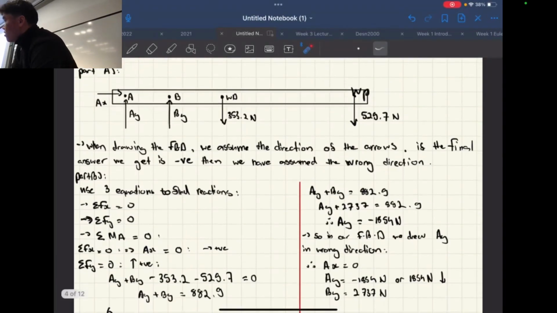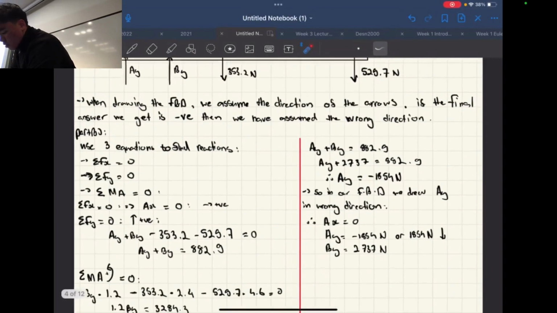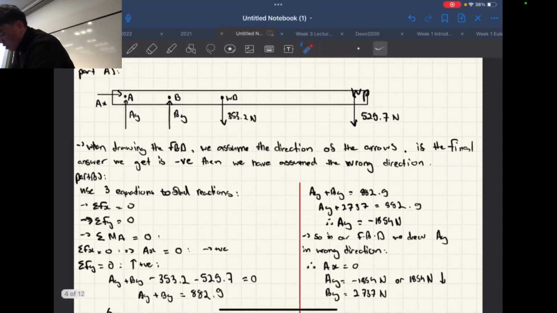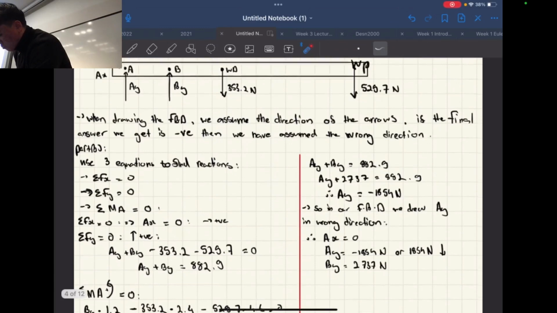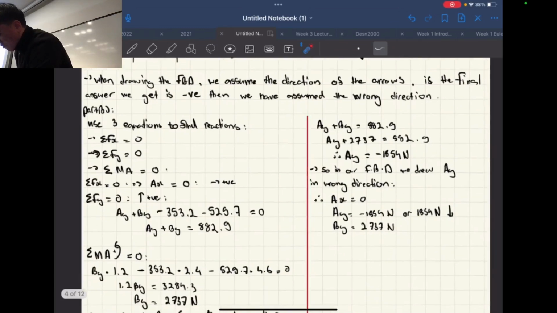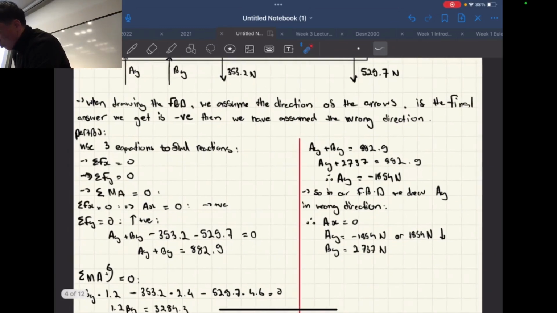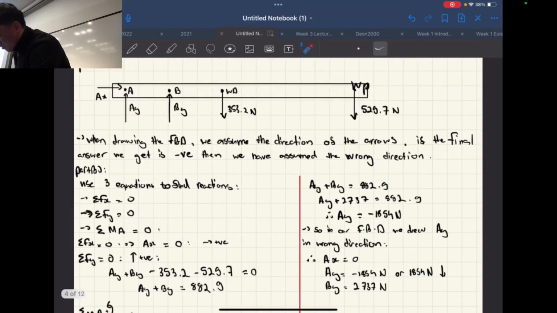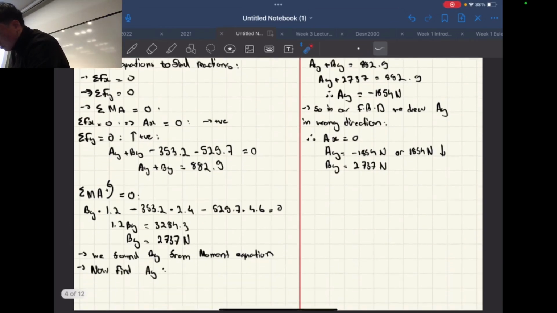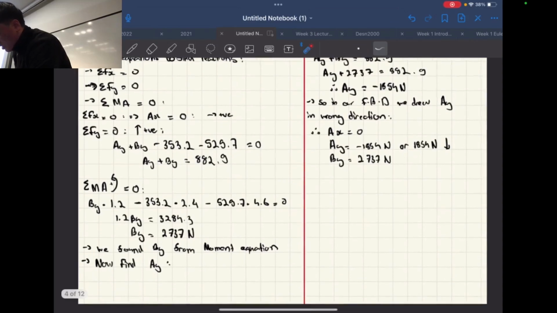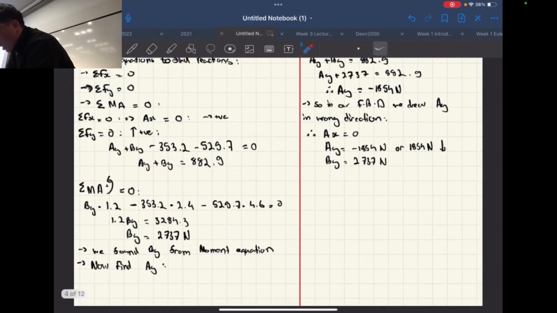Is that clear? Then sum of Fy equals 0: Ay plus By minus 353.2 from the weight force of the diving board minus 529.7 from the weight of the person equals 0. So our first equation is Ay plus By equals 882.9.